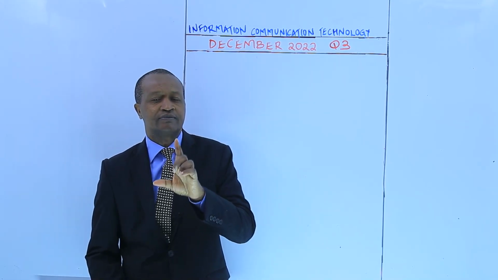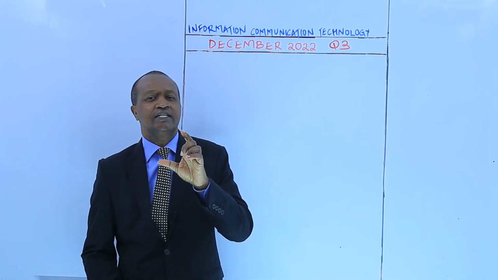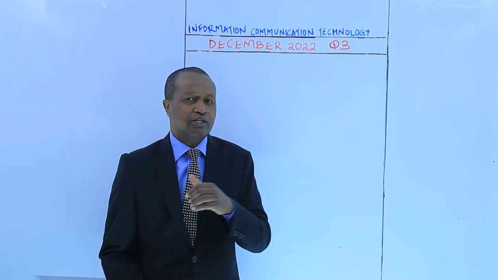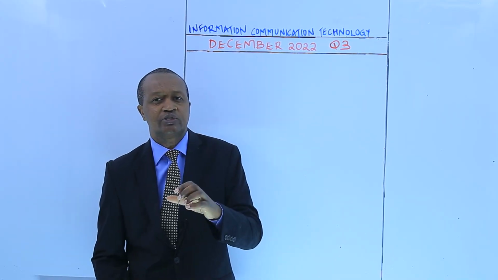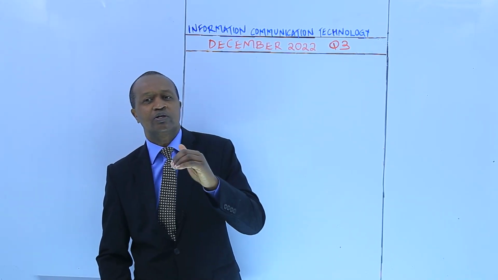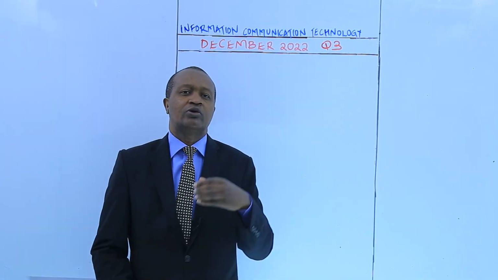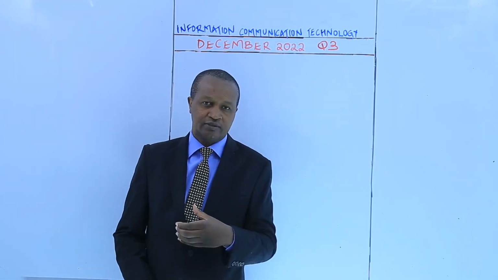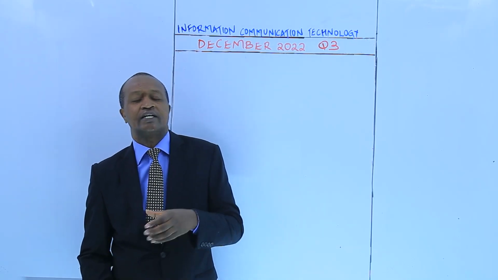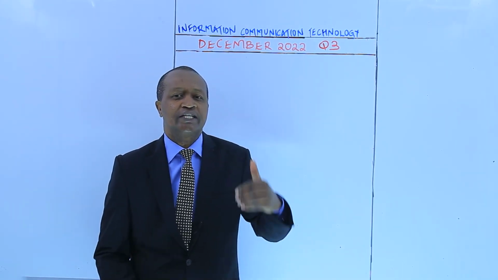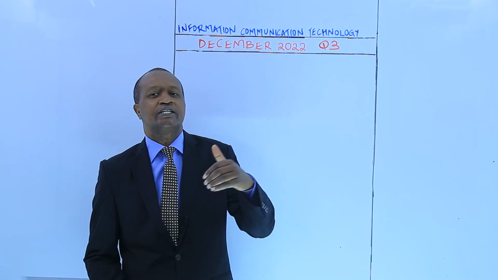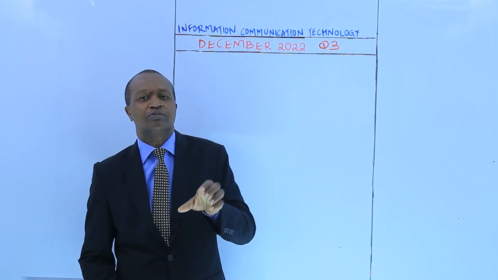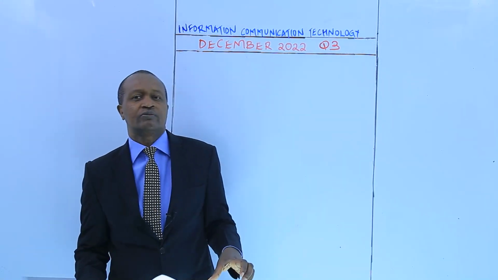I repeat, an intranet is a private network that is limited to an organization and accessible only by its employees or authorized users. And it is used for internal communication, for sharing resources and collaboration within the organization.